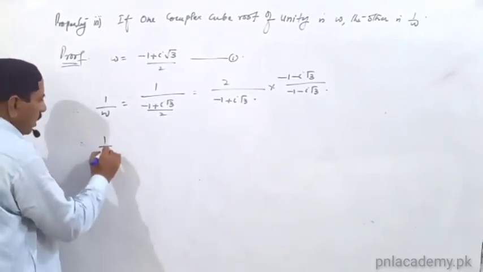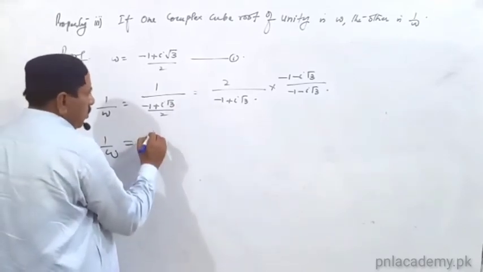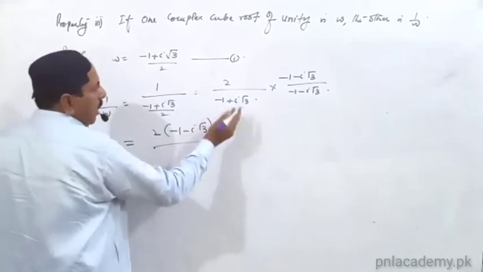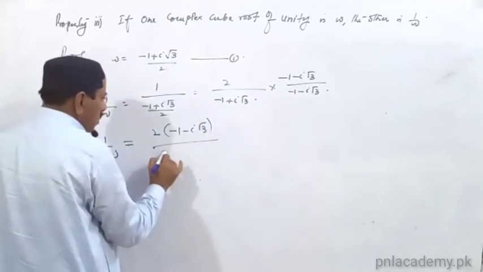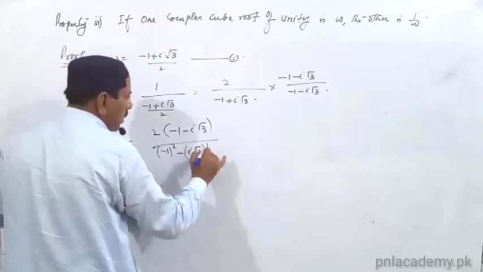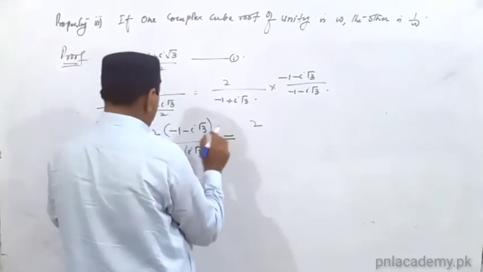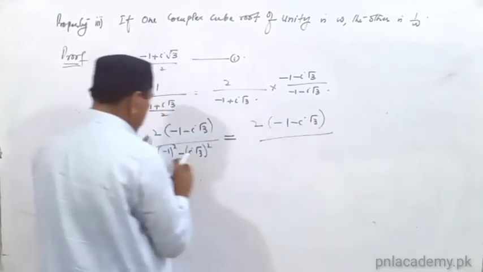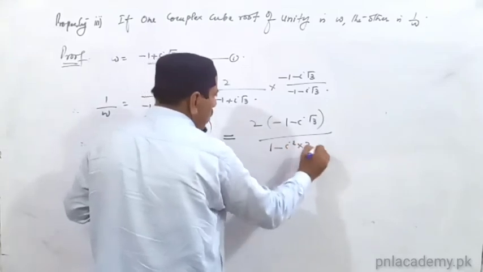So 1 upon omega is equal to 2 into minus 1 minus iota radical 3 upon, using a plus b and a minus b, minus 1 whole square minus iota radical 3 whole square. This will be 2 into minus 1 minus iota radical 3 upon 1 minus iota square into 3.